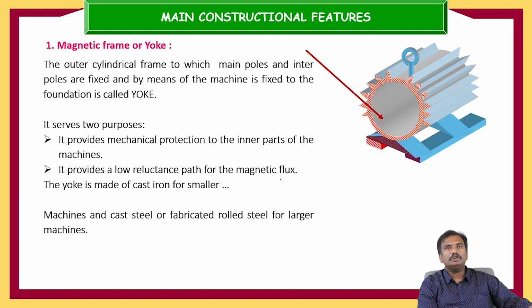These are the two purposes of the yoke, and the yoke is made with cast iron for smaller machines and cast steel or fabricated rolled steel for larger machines. Based on the size of the machine, we use different materials.